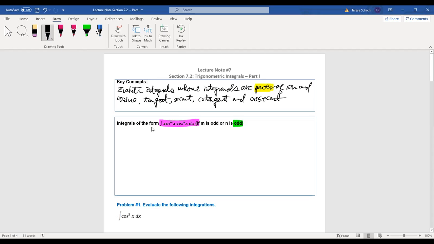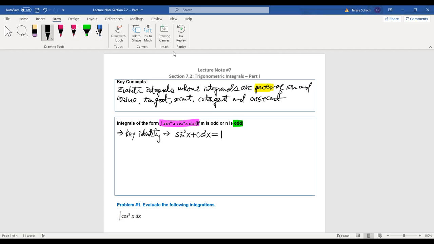There are 3 key things we need to follow when we do this type of integration. The first is a key identity for the trig functions: sine squared x plus cosine squared x is equal to 1.